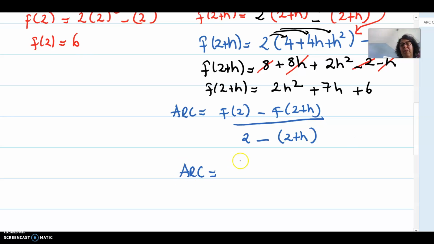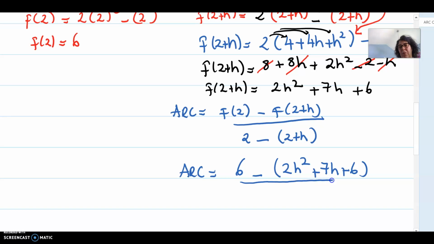For f of 2 we've got 6. For f of 2 plus h, we got this thing here, so it needs to go into that parentheses because there's a minus on the front of the parentheses. So at the bottom we're going to have 2 minus h.